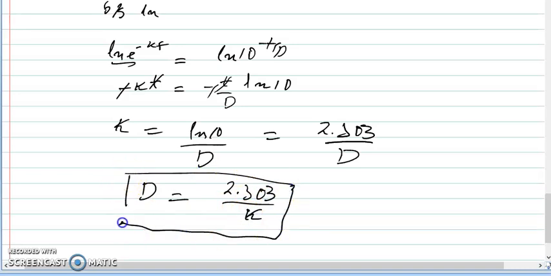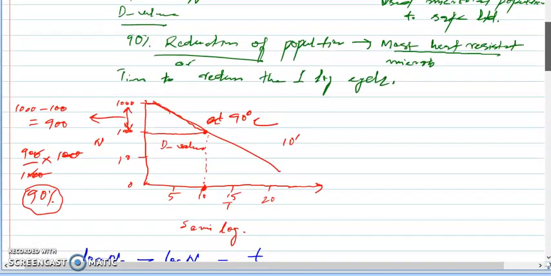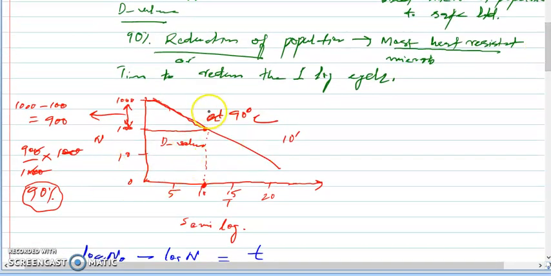So this is the decimal reduction time. Decimal reduction time here comes equal to 2.303 divided by k, the rate constant. So from the above graph, the slope of this curve is k upon 2.303, and D value is the inverse of that.